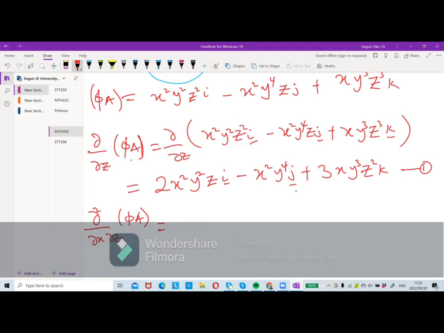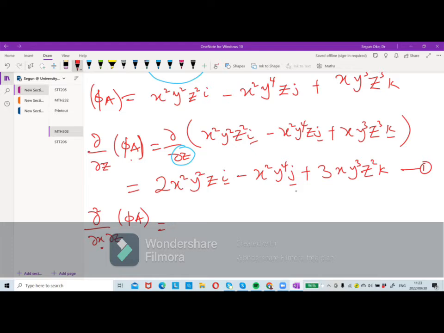Sir, on that second one where we have x squared y raised to power 4 z j, why don't we differentiate that with respect to x? Remember what you are asked to do. The z. Are you getting it now? So now we are moving towards x.